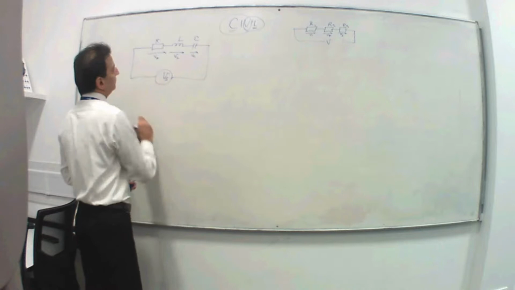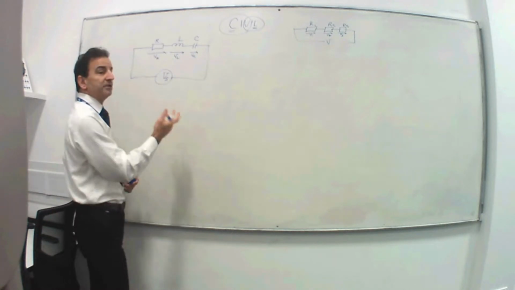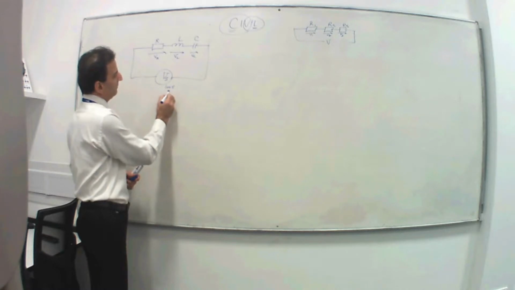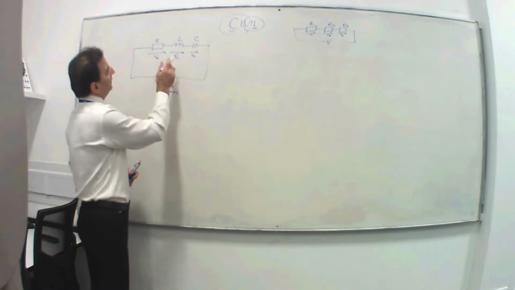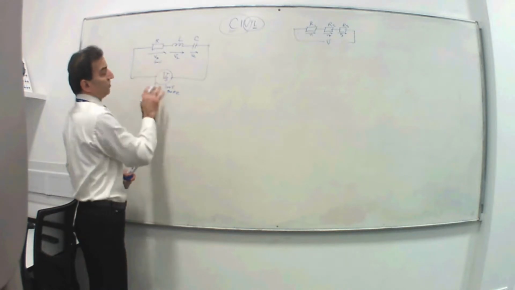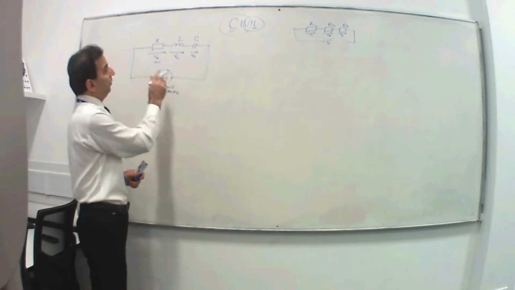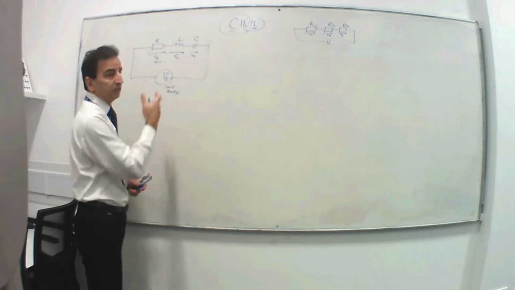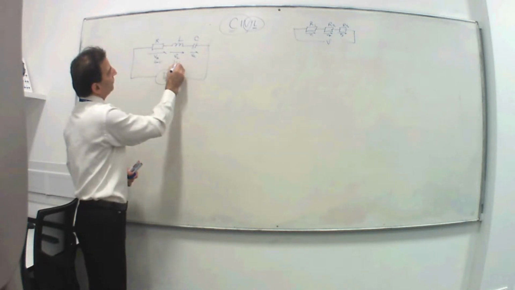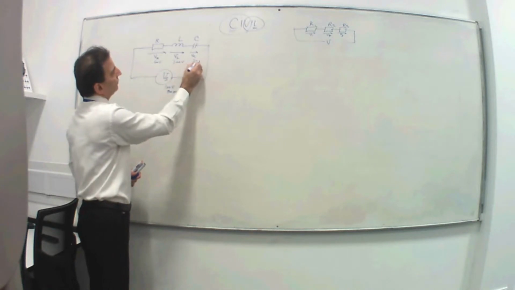It won't be equal. You might have, for instance, 100 volts here, 50 hertz. This might be 50 volts. I'm just saying it randomly. Obviously, it all depends on the size of these elements. It might be 50 volts. This might be 300 volts. That might be 200 volts.